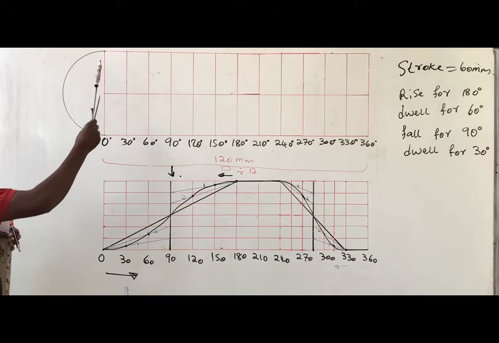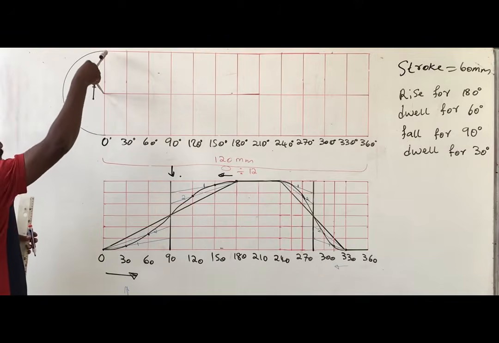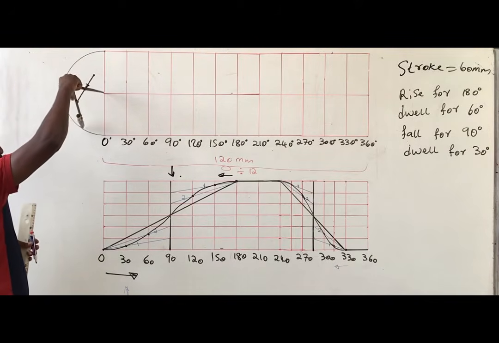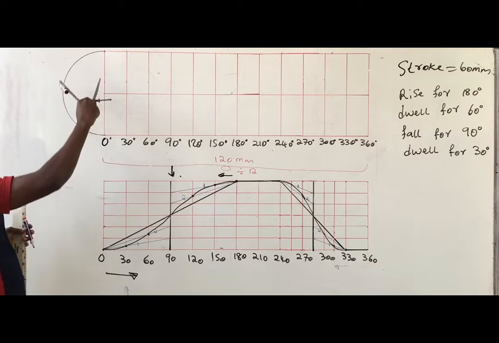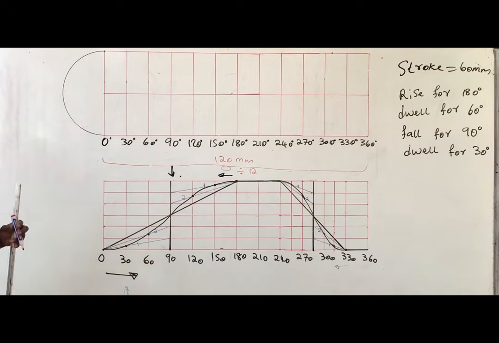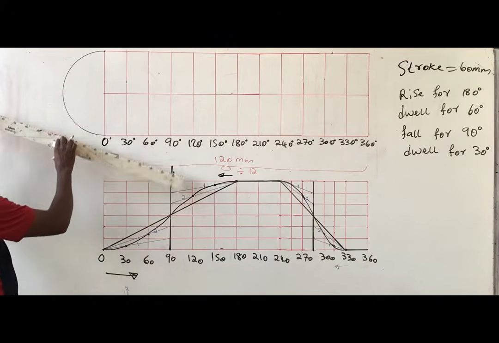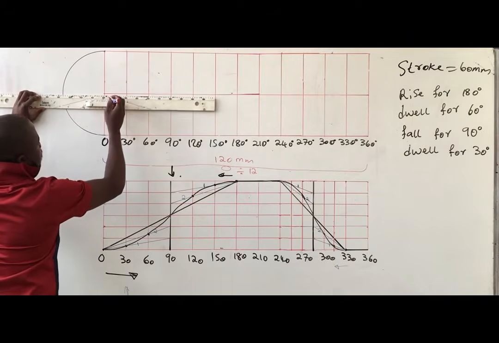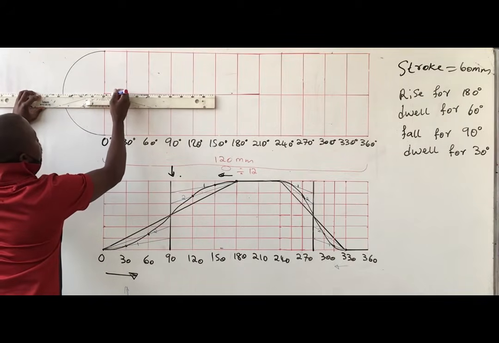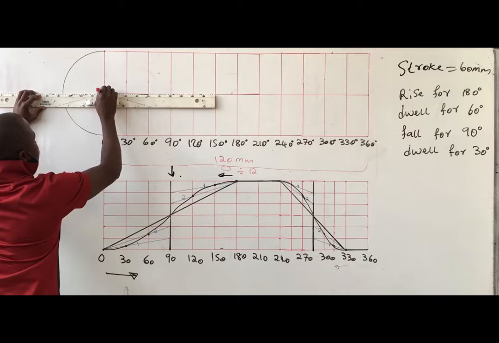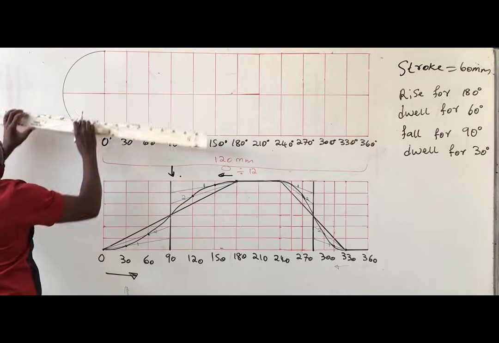From the center, then you draw a semicircle like that. Then you extend that line. Also this line, you must extend it up until that point.